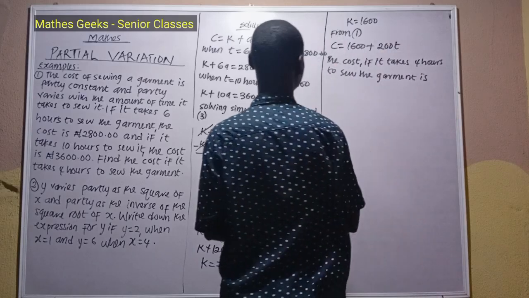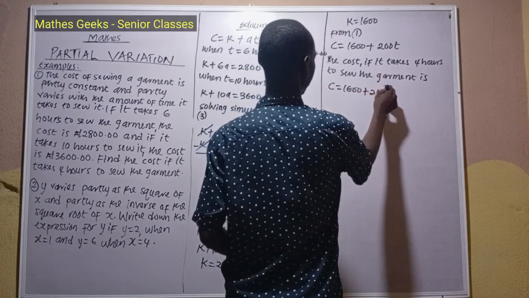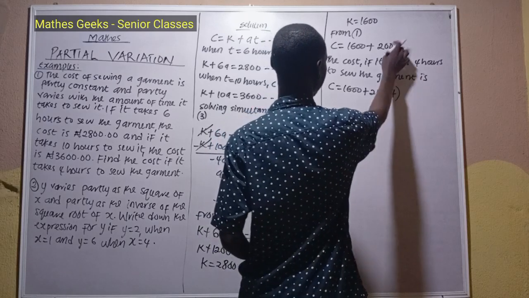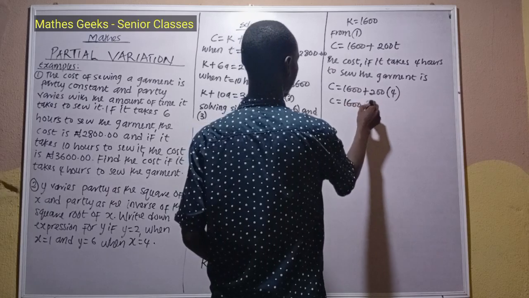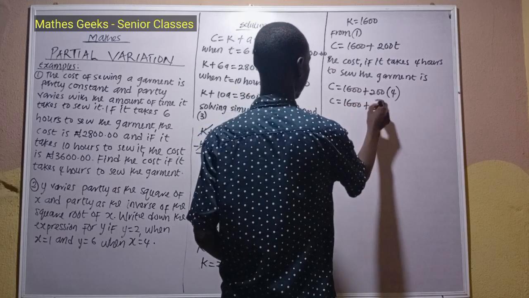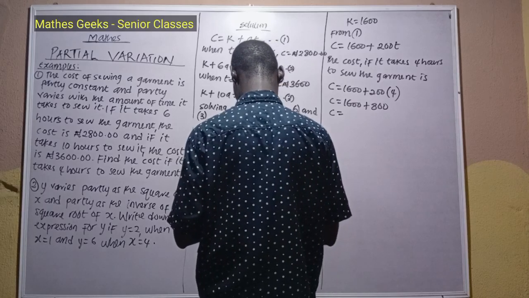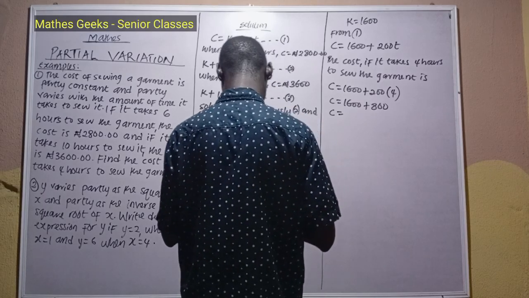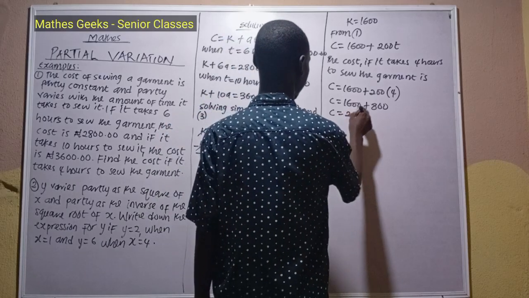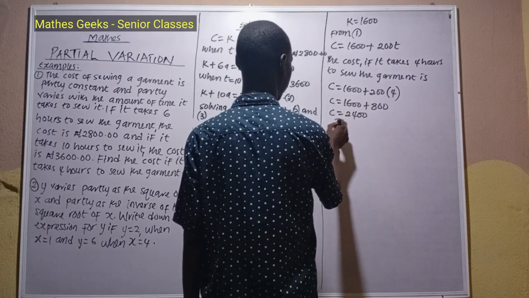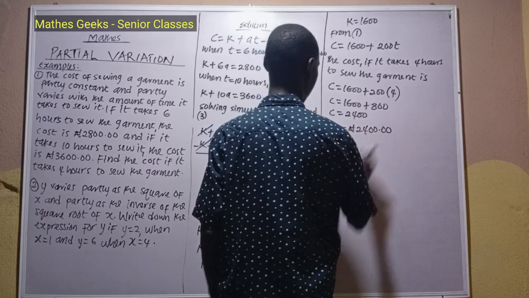From this formula, c is equal to 1,600 plus 200 times 4, where t is 4 hours. So c is equal to 1,600 plus 800. Therefore, c is equal to 2,400.